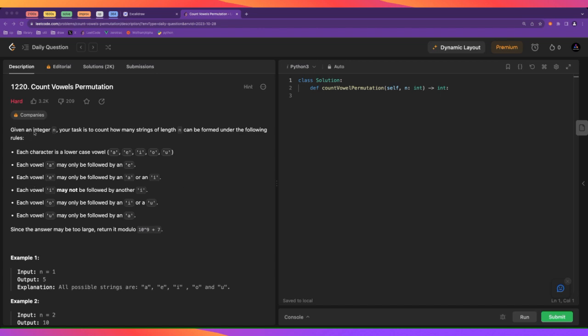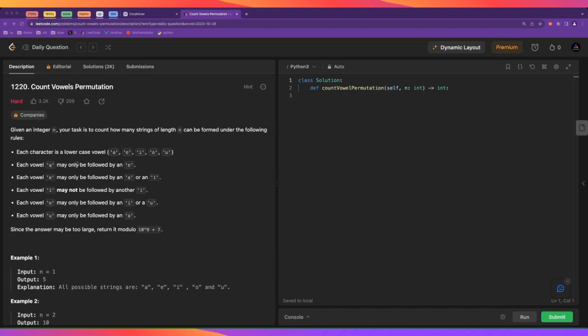So given an integer n, your task is to count how many strings of length n can be formed under the following rules. Each character is a lowercase vowel, so A, E, I, O, and U. There are 5 vowels, and you have 5 other rules.